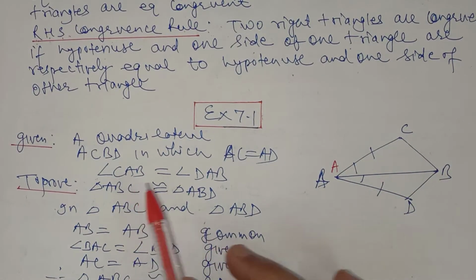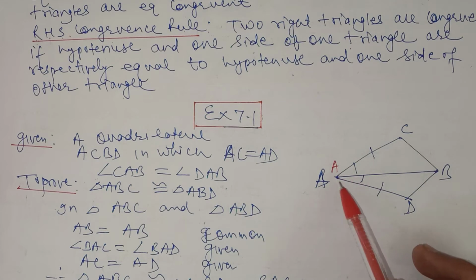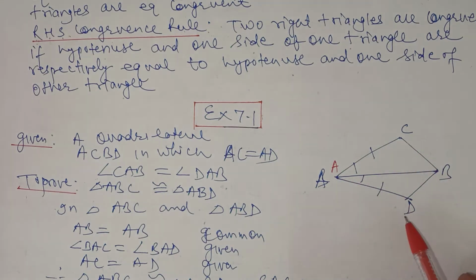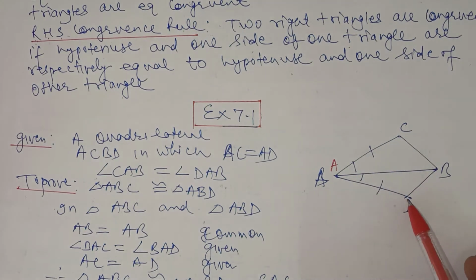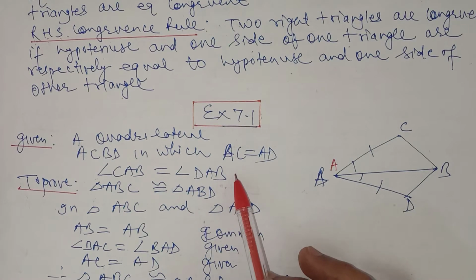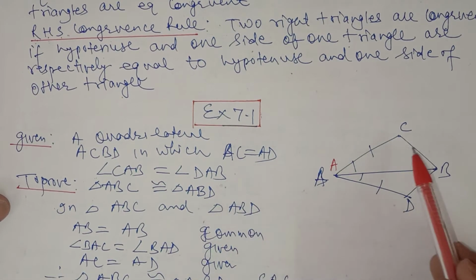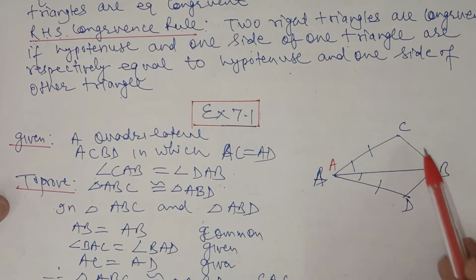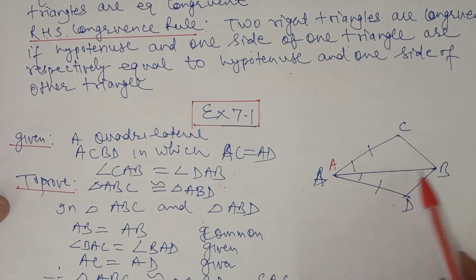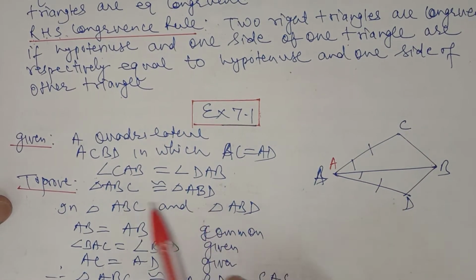In question number 1, it is given that there is a quadrilateral ACBD in which AC is equal to AD and angle CAB is equal to angle DAB. You have to prove that these two triangles are congruent, that is, triangle ABC is congruent to triangle ABD. See the order of this.